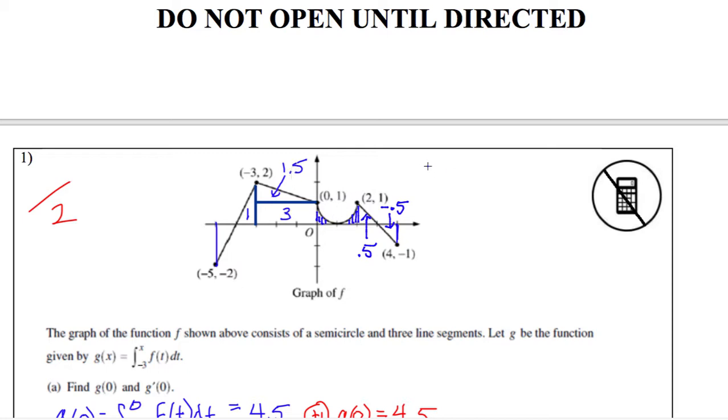And to find this area, let me do my best sketch of it. This area right here, where this area is shaded in, is equal to a rectangle where I subtract a semicircle. So this rectangle is 2 by 1, which has an area of 2. This semicircle, well, let's think about the full circle.